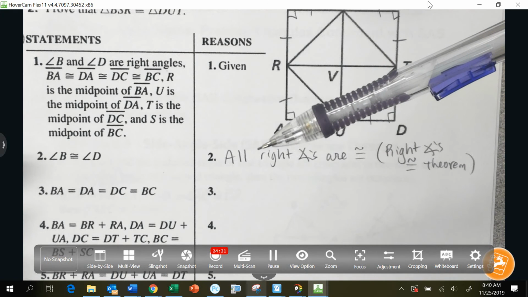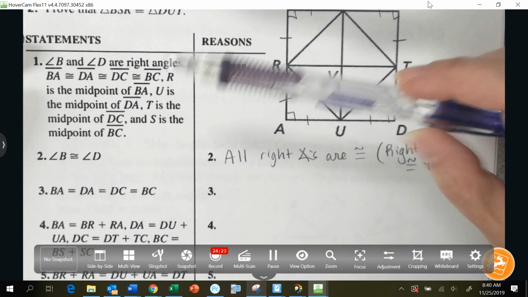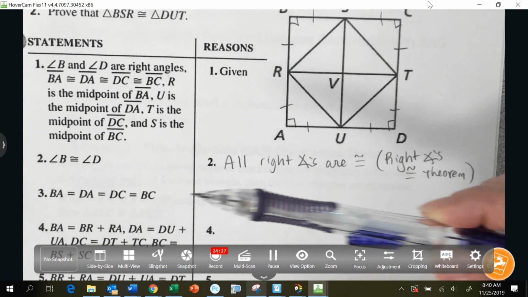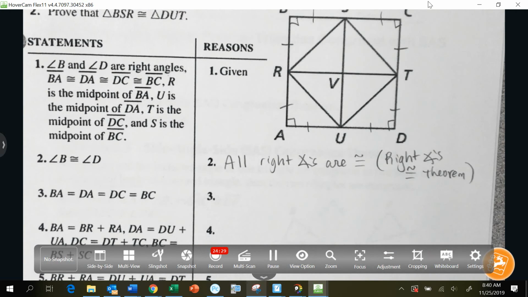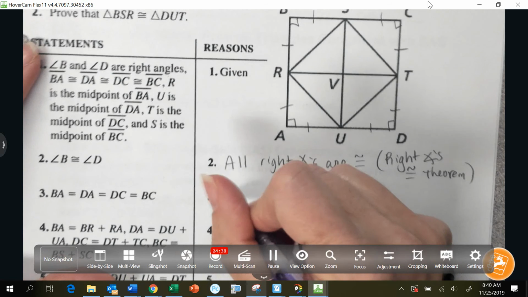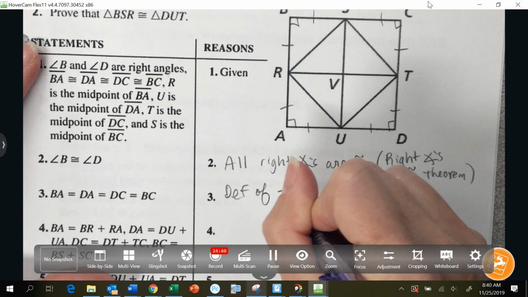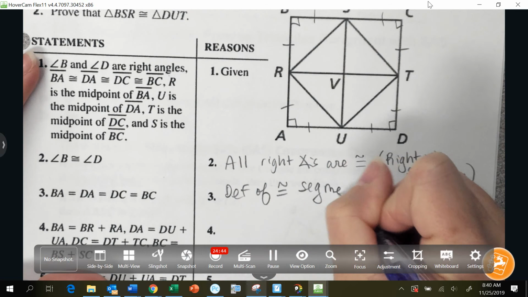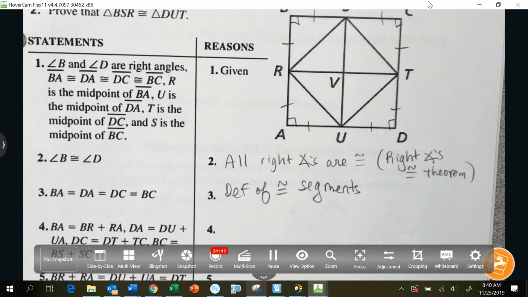If we're talking about the measurement. So how can I go from saying it's congruent to now saying the measurements are equal? Do you remember, Aaron? That's right. Definition of congruent. This would be segments for this one. If they're congruent, then their lengths are equal.